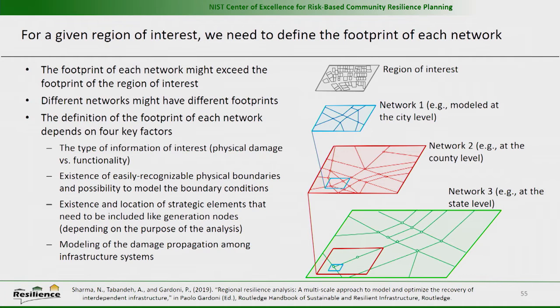For a given region of interest, we also need to define the footprint of each network. The footprint of each network might exceed the footprint of the region of interest. Different networks might have different footprints.